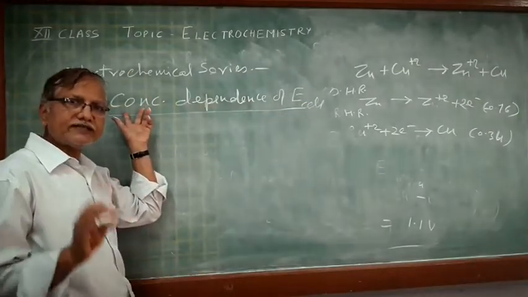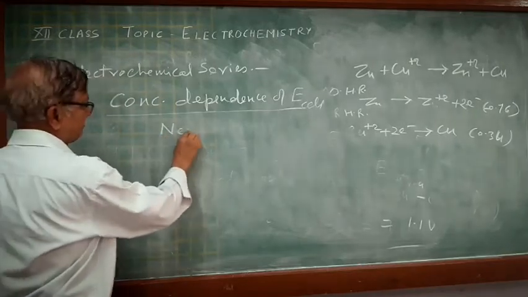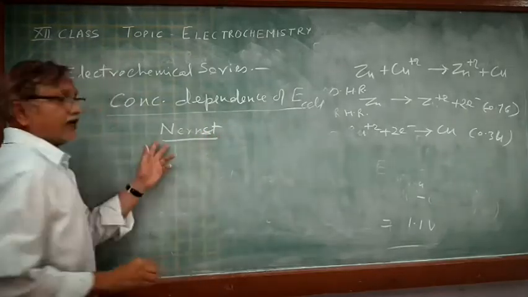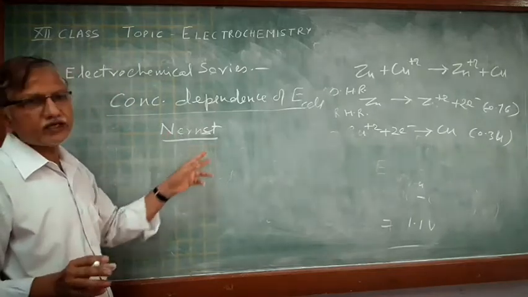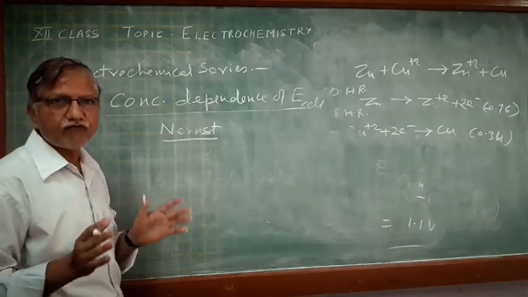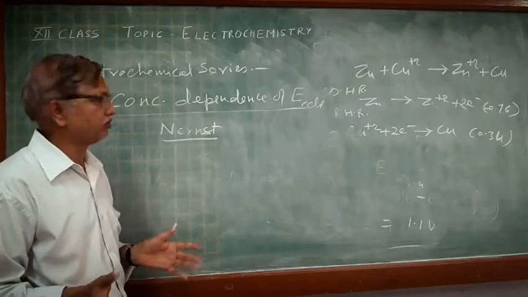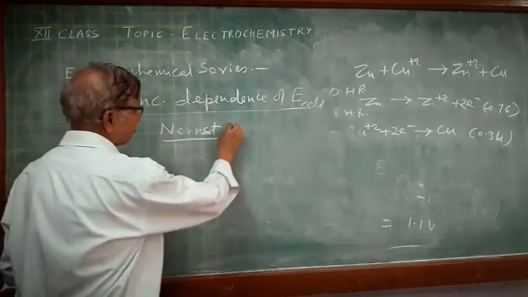This was studied by a scientist called Nernst. And he observed the relation between the E cell and the concentration of electrolyte taken in different electrodes. And he gave an equation that is called the Nernst equation.